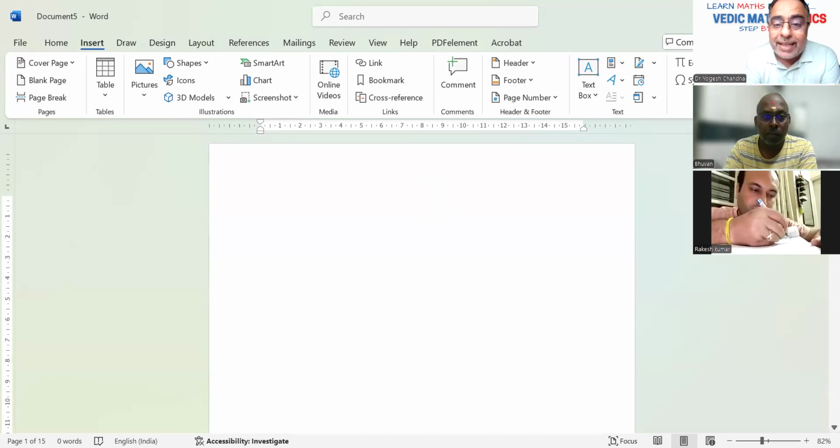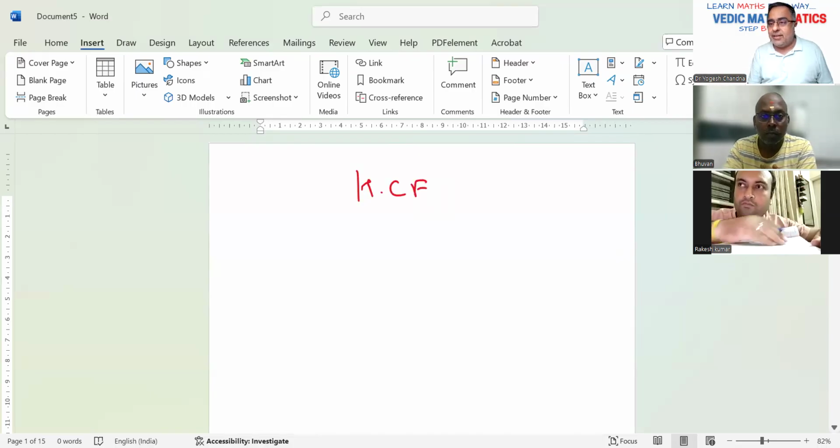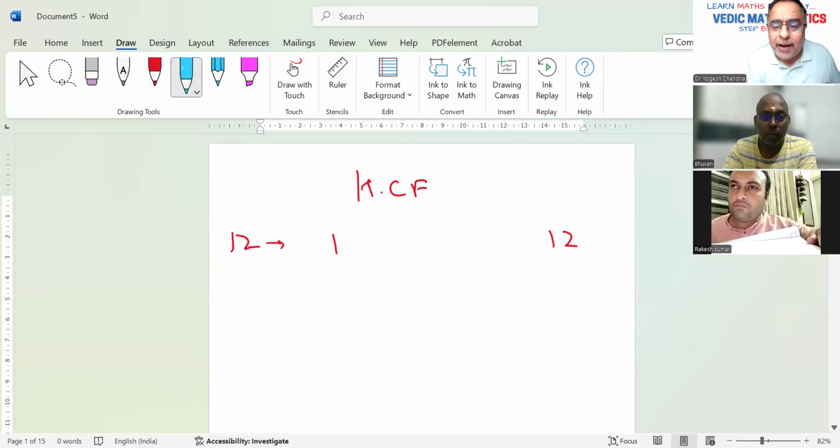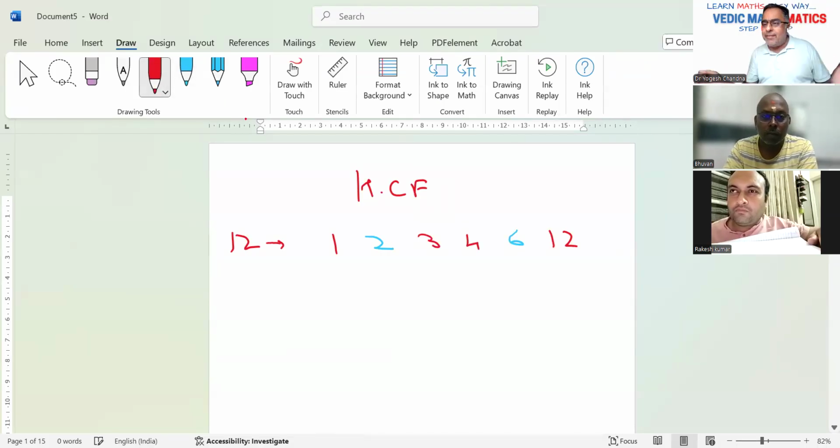Similarly, when we talk about HCF, that is highest common factor. What do we mean by factor? What are the factors for 12? First factor pair is 1 and 12. This is the easiest approach. Second is 2 and 6. Third is 3 and 4. Do you have any other? No. Got it? This is the butterfly method. First outside, then inside come.